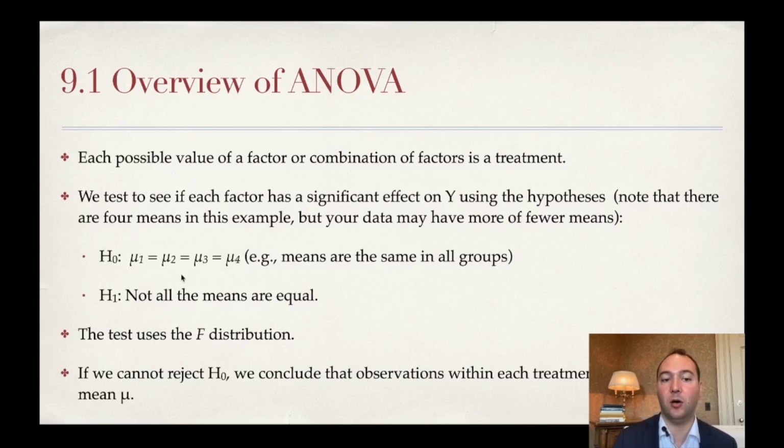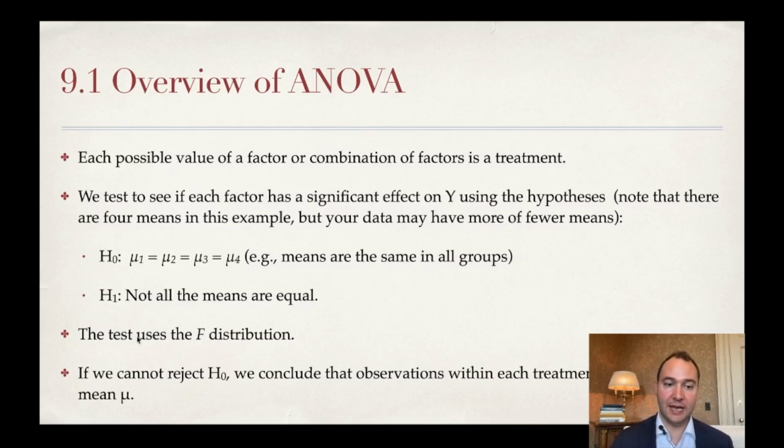It's saying that all the groups are equal or have the same mean. The alternative hypothesis is not all means are equal. So that doesn't tell us which group is not equal. It just tells us that at least one group is not equal. It doesn't even tell us how many of those groups are not equal.